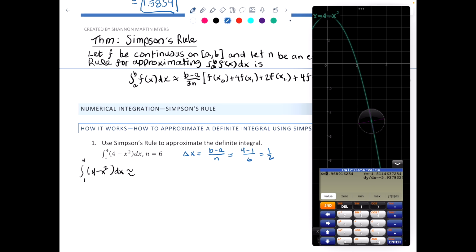And so over here, we'll have b minus a over 3n for the formula, so 3 times 6.